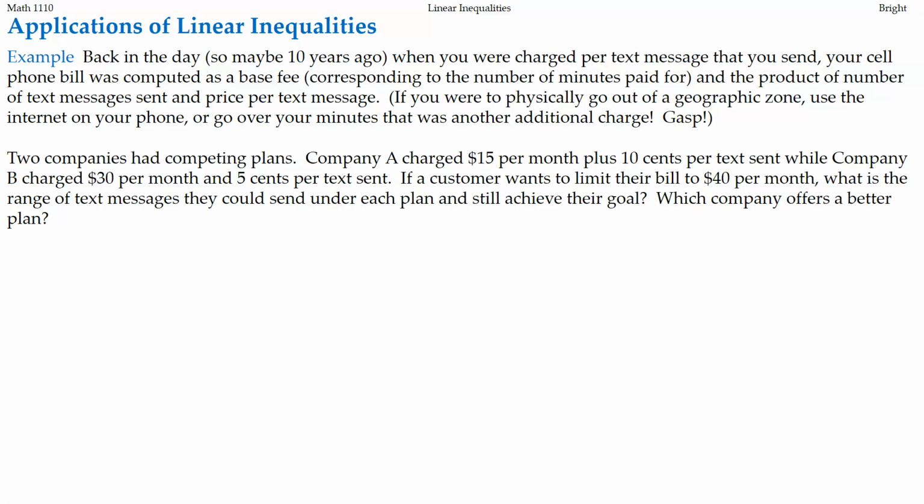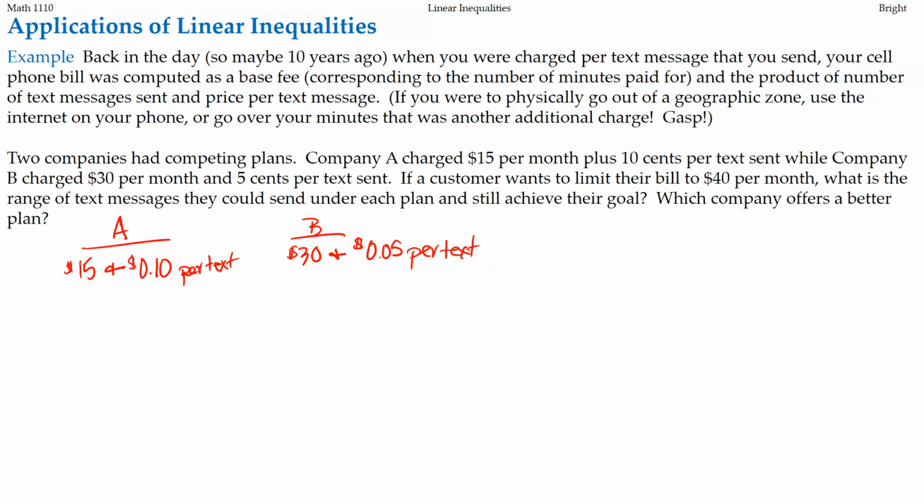So I'm just going to write some information. For A, it was $15, and I'm going to put it in dollars, so 10 cents per text. And B was $30 and 5 cents per text.